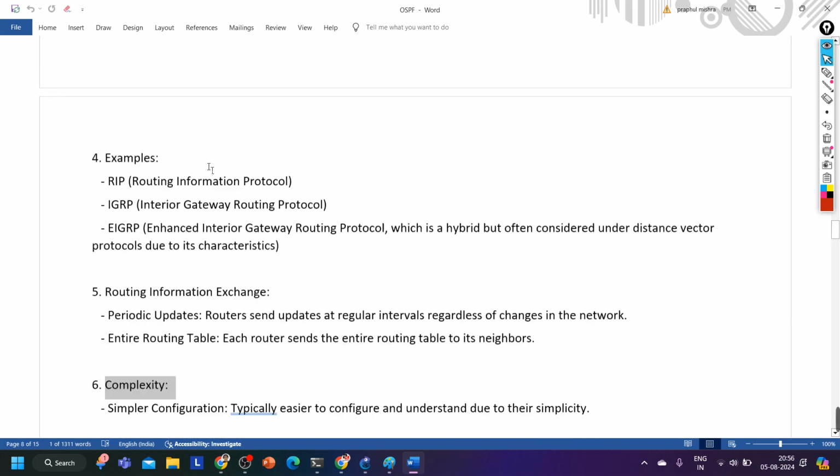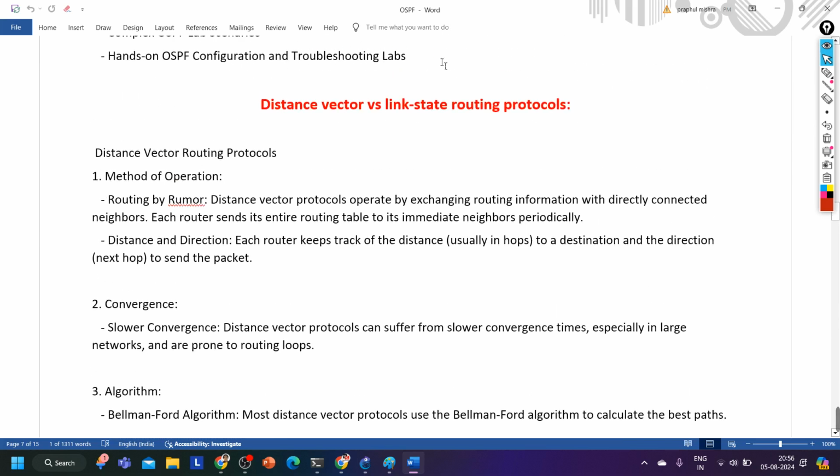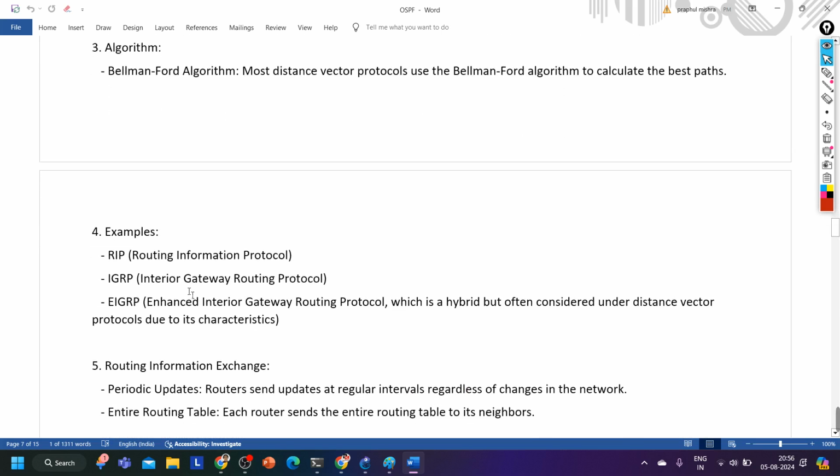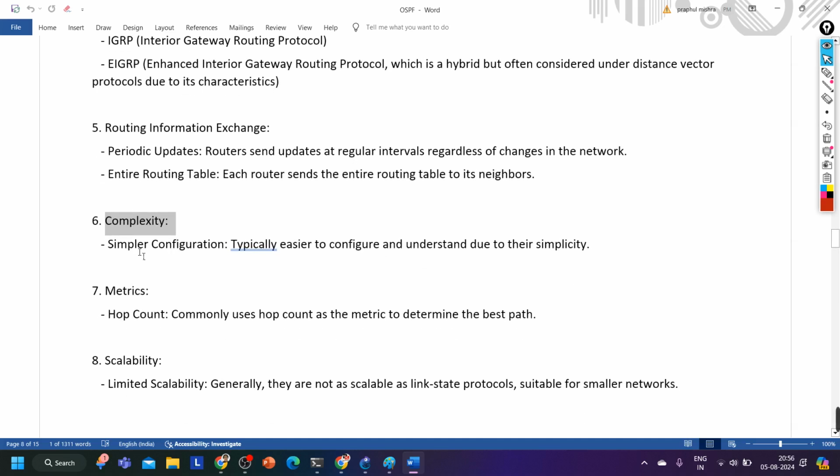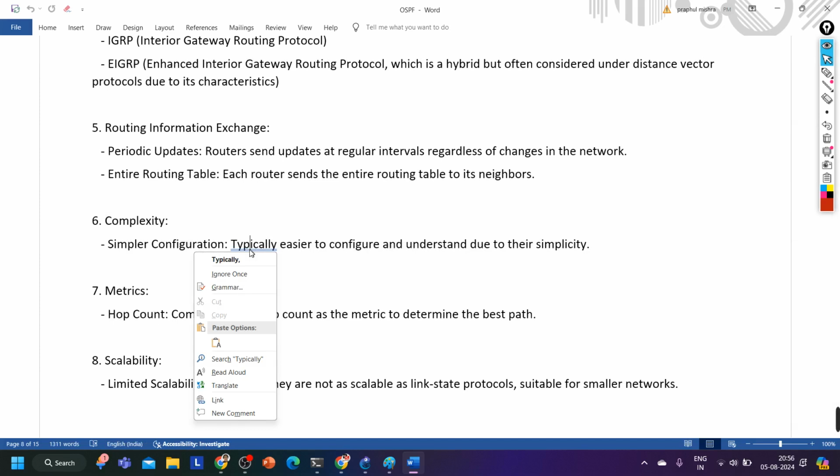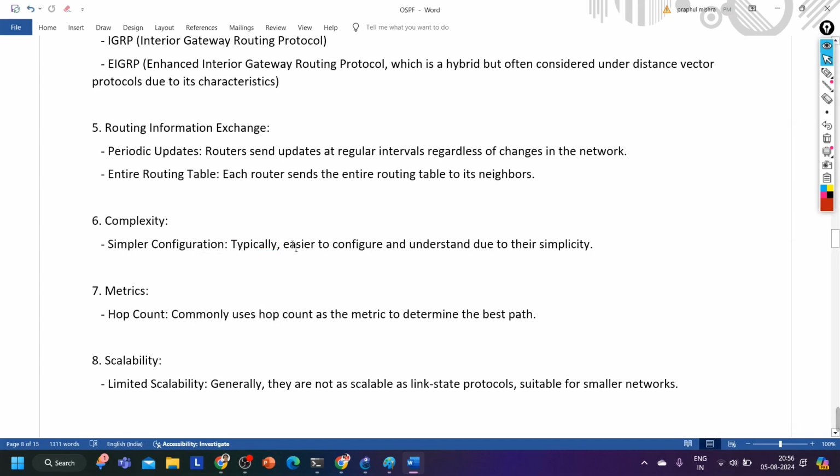Complexity: the good thing about distance vector routing protocols is that they are easy to configure and easy to manage. They have simpler configuration compared to link state routing protocols, and are easier to understand due to their simplicity. I have taught you RIP and EIGRP, both routing protocols, in maybe 5 to 6 days, but now I am going to take maybe 10 days for a single protocol like OSPF.